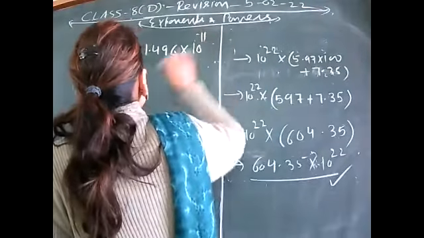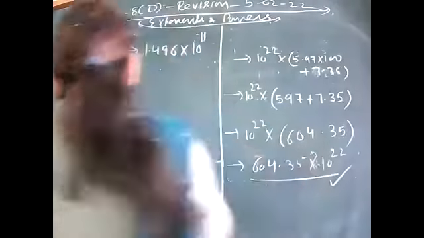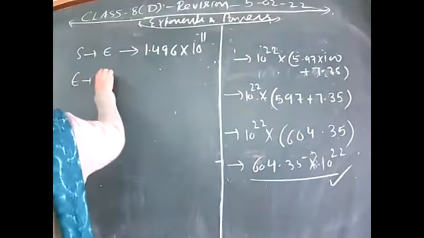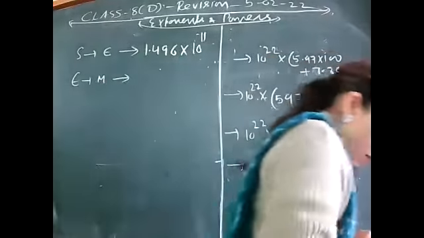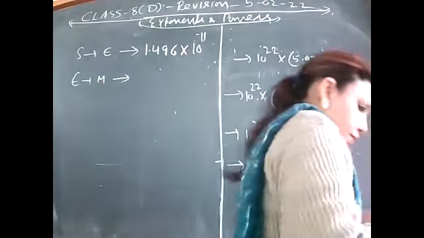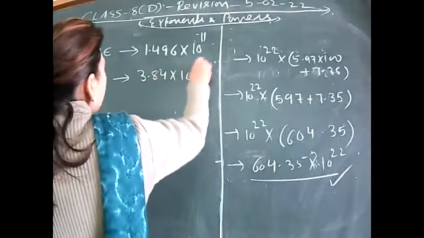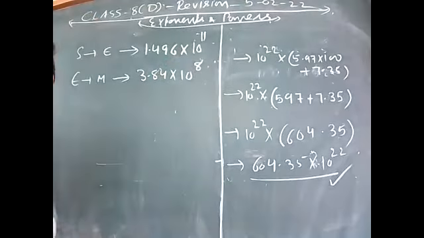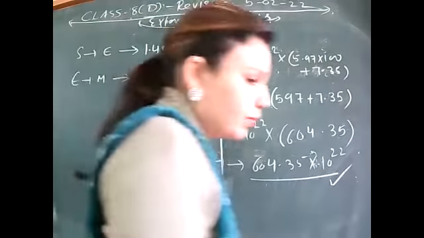This is the distance between sun and earth, and the distance between earth and moon is given to be 3.84 into 10 raised to power 8.